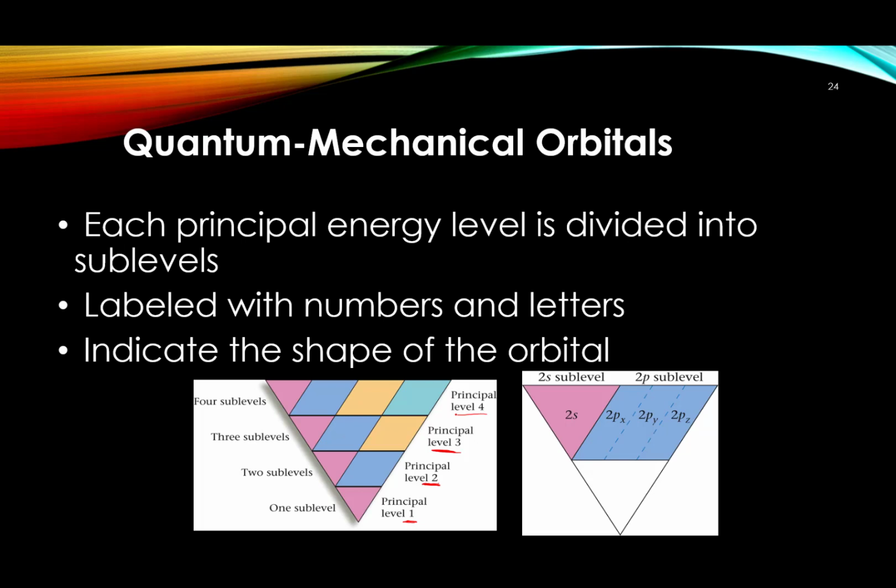Also, one other thing that's a good idea to indicate is that in each principal energy level we have sublevels. You see these? In principal energy level 1 we only have one sublevel. In principal energy level 2 we have 2 sublevels. In principal energy level 3 we have 3 sublevels. In principal energy level 4 we have 4 sublevels.